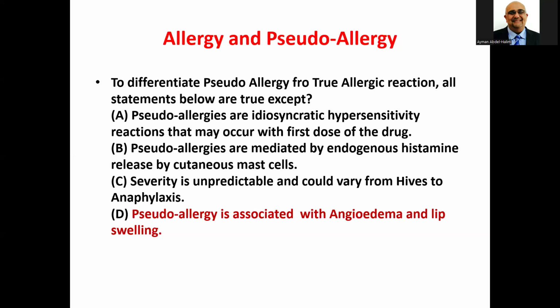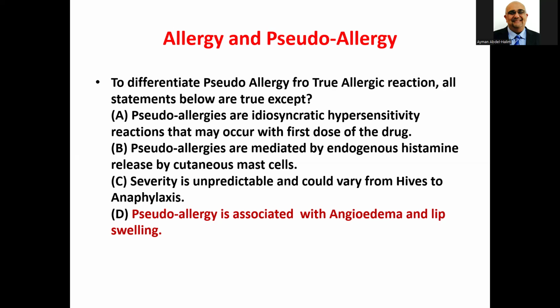Usually with anaphylaxis, you have to have a previous exposure before you get the allergic reaction. It doesn't happen the first time. But with pseudo-allergy or anaphylactoid reaction, it can happen the first time. And usually the allergic reaction is more severe, and it comes with angioedema and lip swelling.